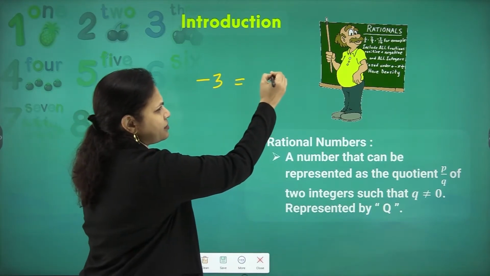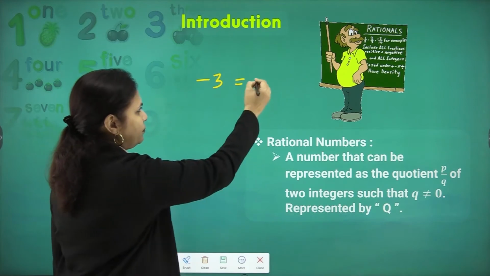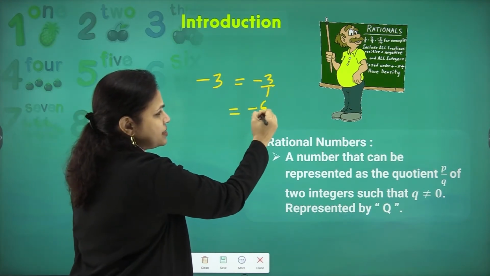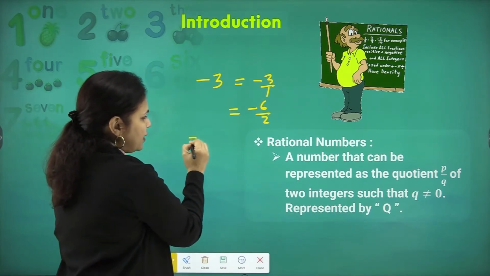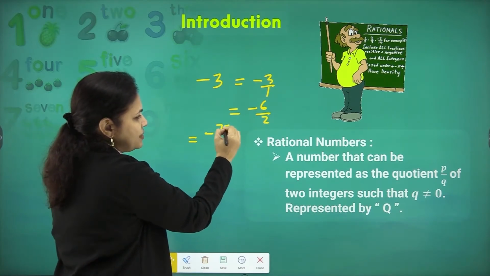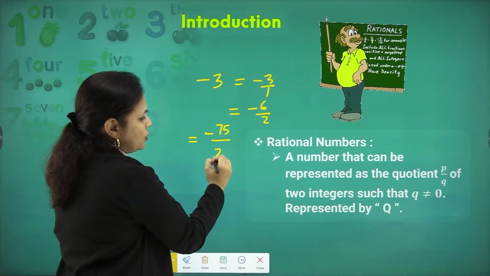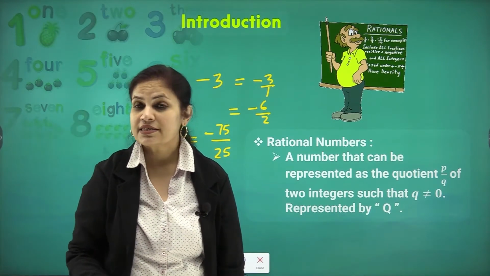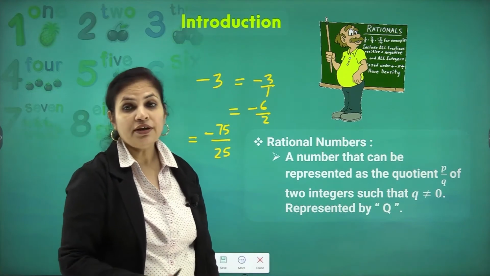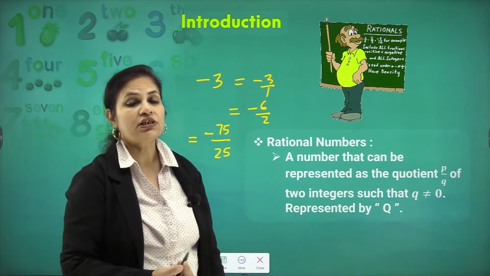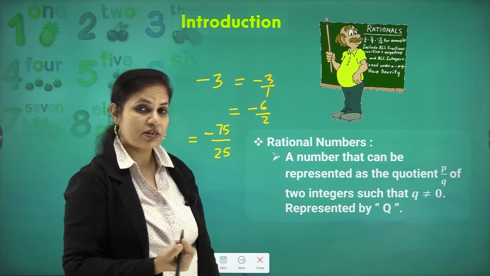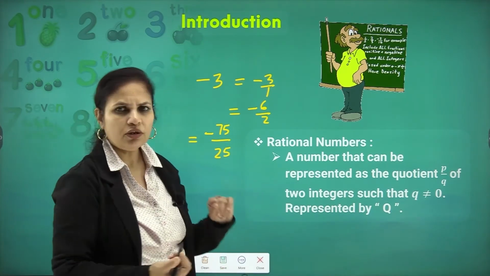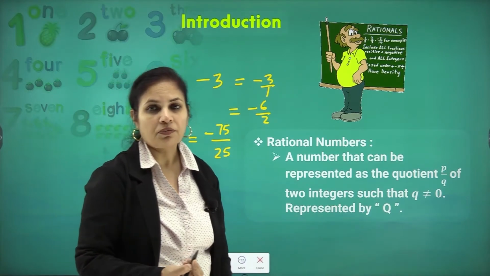I can write it as minus 3 upon 1. I can also write it as minus 6 upon 2. I can write it as minus 75 upon 25. Again, I can see that all the negative integers can also be represented in the form of numerator upon denominator, denominator not equal to 0.